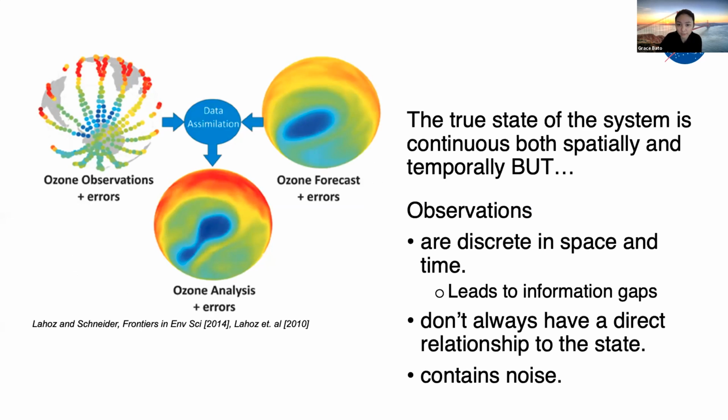Observations are sparse, both spatially and temporally, or discrete in space and in time, and these can lead to information gaps. Moreover, our measurements don't always have a direct relationship to the state of our system. And to make matters worse, in volcano studies, we lack direct observation or confirmation of what is really happening beneath the ground. And of course, our observations always contain noise.